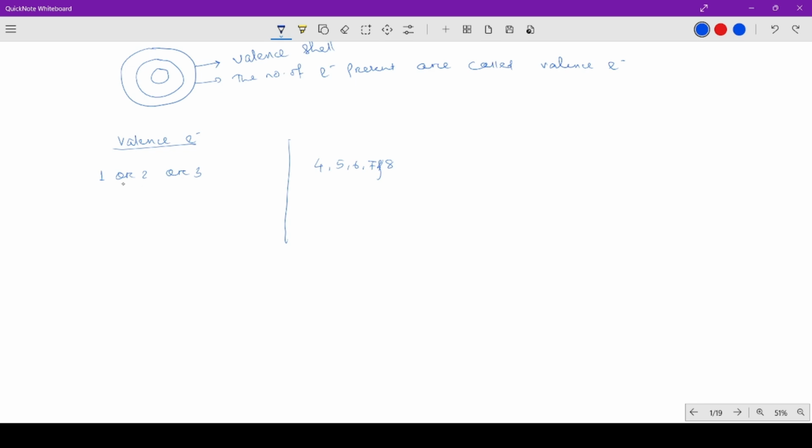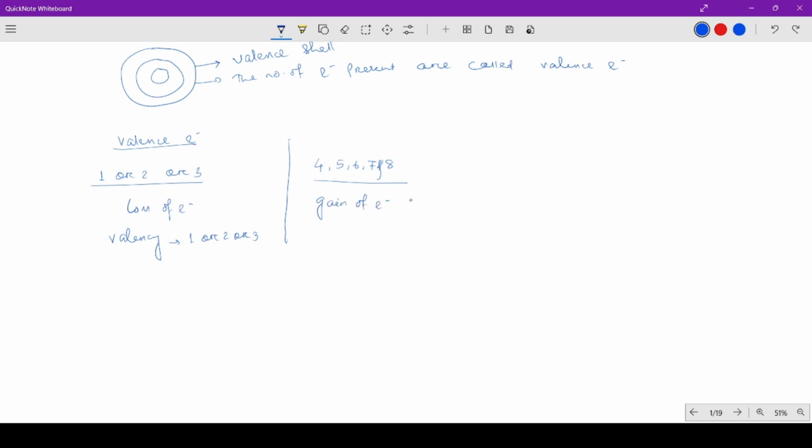So how to find out the valency from this number of valence electrons? When there are 1, 2, or 3 electrons in the valence shell, there will be loss of electrons, and the valency will be the same as 1, 2, or 3. Similarly, when there are 4, 5, 6, 7, and 8, there will be gain of electrons.